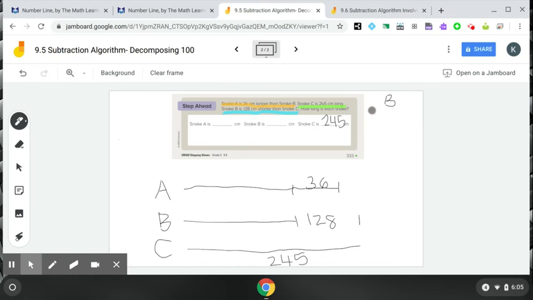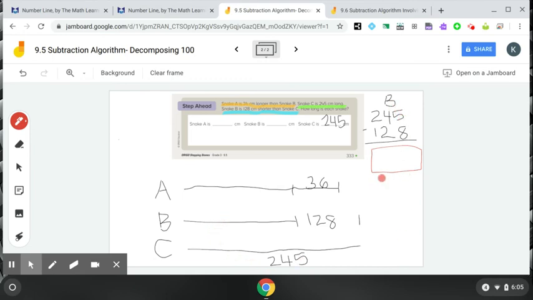So that kind of told you what the number sentence would be. 245 is snake C, and snake B is 128 centimeters shorter. So I know I would take that away because it's shorter. And that's going to give me a really important answer because that's going to tell me how long snake B is.